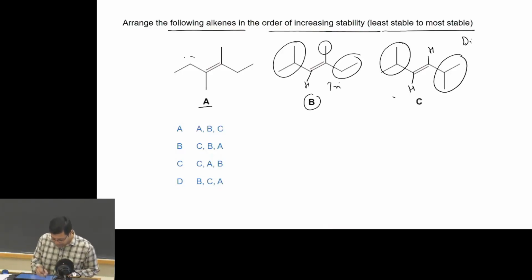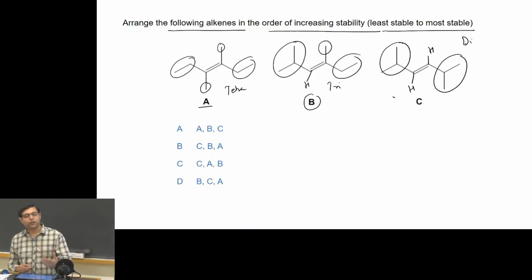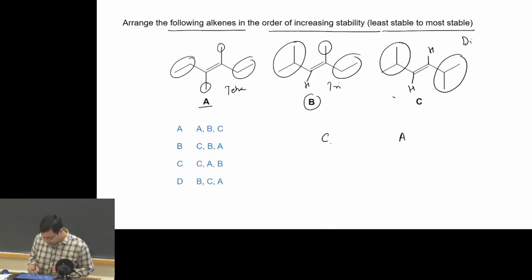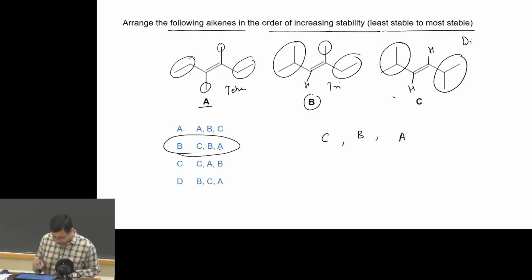Compound A is tetra-substituted, 4 R groups. More the substitution, more is the stability. So among these three, the most stable is compound A, the least stable is compound C, B is in between. So that is your stability order, CBA.